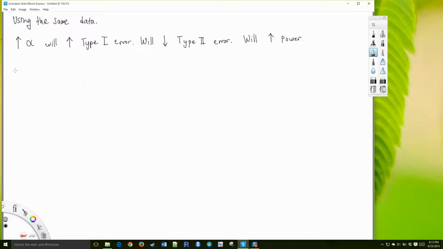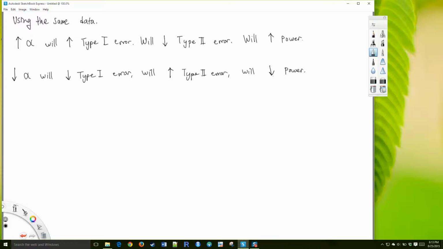On the other hand, I can just flip all of the arrows around. Decreasing alpha will decrease type 1 error, but will increase type 2 error, which will decrease power. Okay?